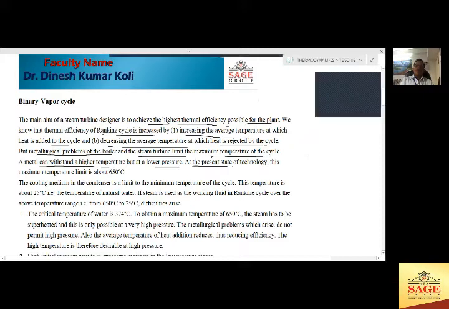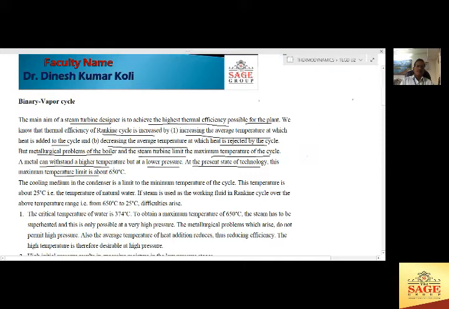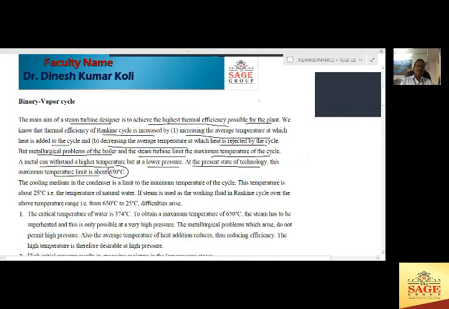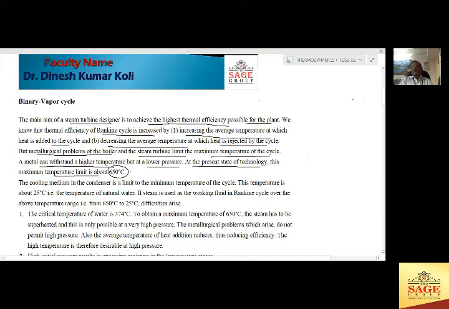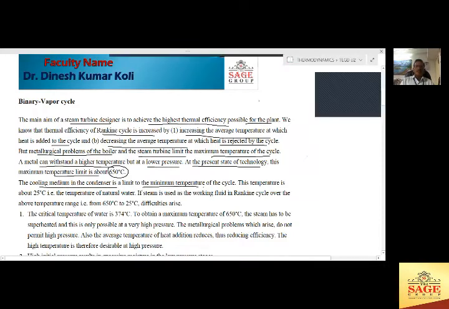At the present state of technology, this maximum temperature limit is 650 degrees centigrade. We cannot go beyond that limit of temperature for any cycle. Now, the cooling medium in the condenser is a limit to the minimum temperature of the cycle.